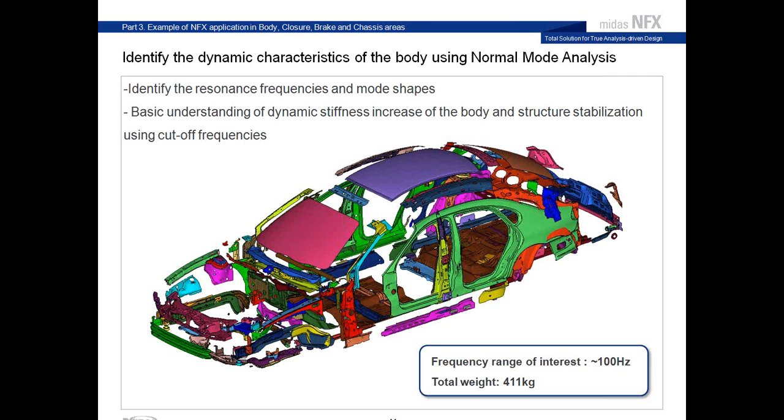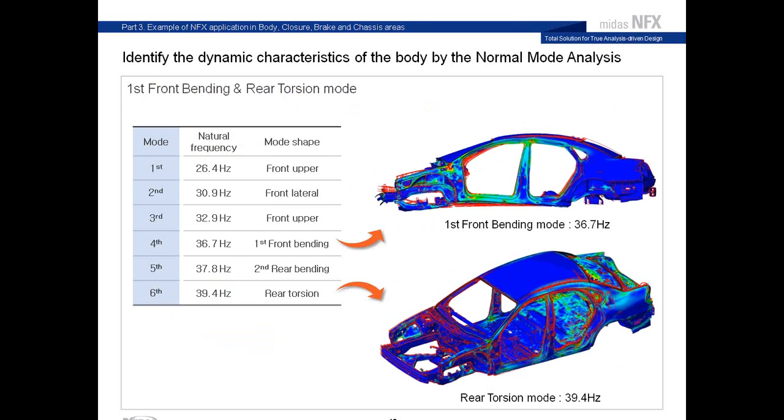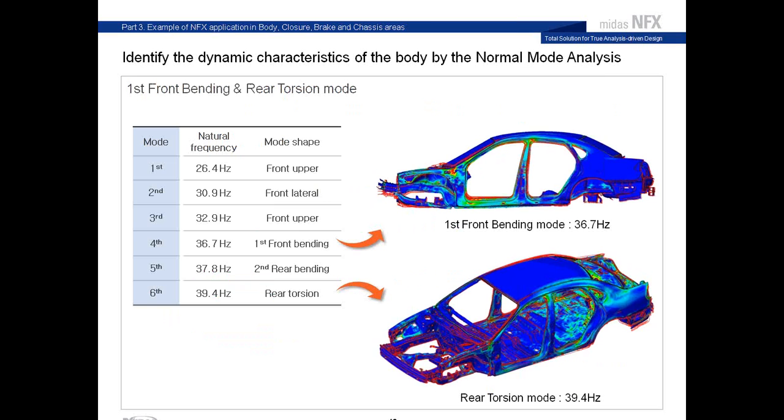The first thing to see and try to determine is the resonant frequencies and the mode shapes of this body, to have a basic understanding of the dynamic stiffness. Here we determined all the natural frequencies of the analysis, and these are the mode shapes.